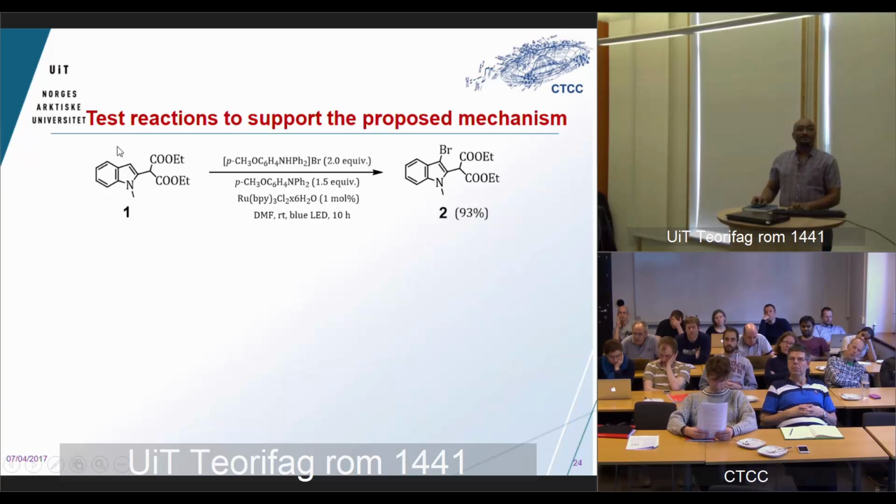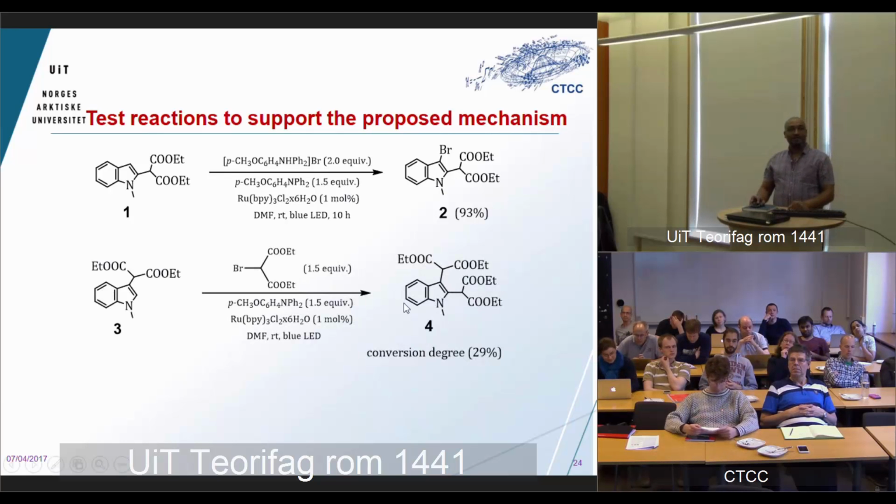So we have the monofunctionalized C2-malonated compound. In this reaction condition, the bromine source is different. In the previous one we have the bromomalonate, but in this case we have the bromine salt. And then it forms 93% of this brominated compound and it works. So this is one indication that the reaction mechanism is in good agreement with the experiment.